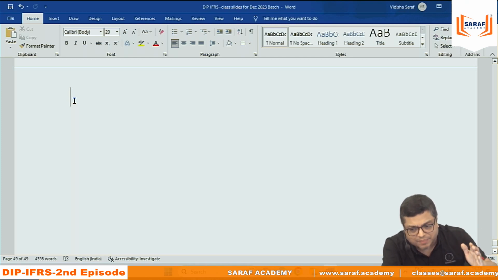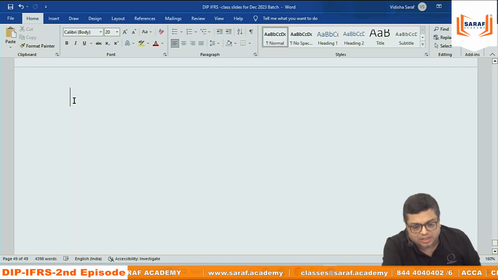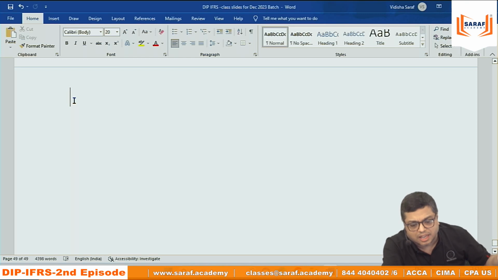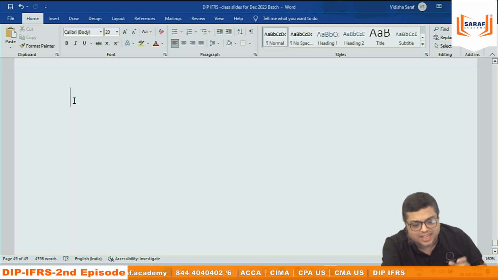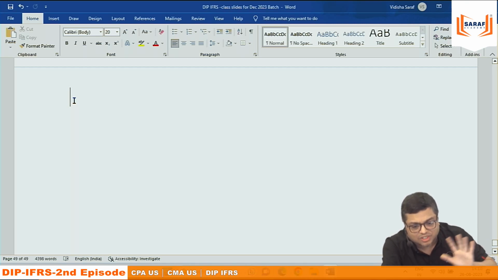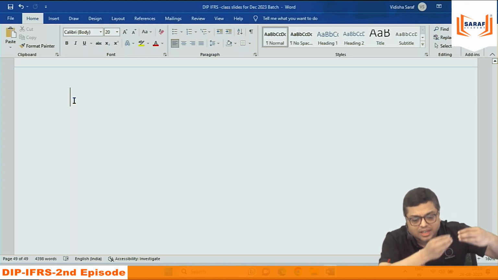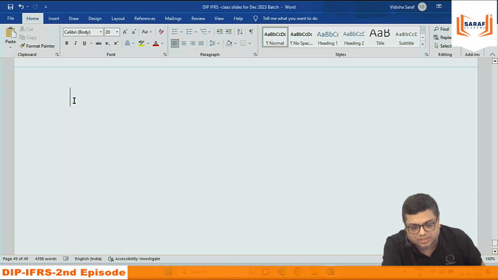Other than share capital, other than retained earnings, you can say other components of equity. Reserves and surplus was the term used earlier. Nowadays, people use retained earnings, other components of equity, these types of technical words. So it is the same, but reserves and surplus is not retained earnings. Reserves and surplus includes retained earnings, general reserve, revaluation reserve, any other reserves.